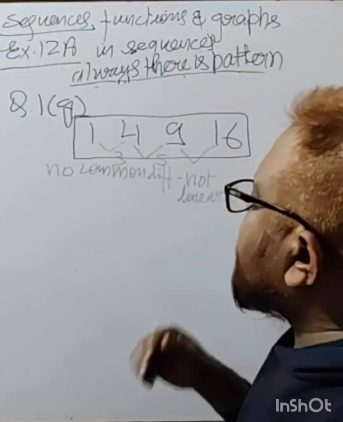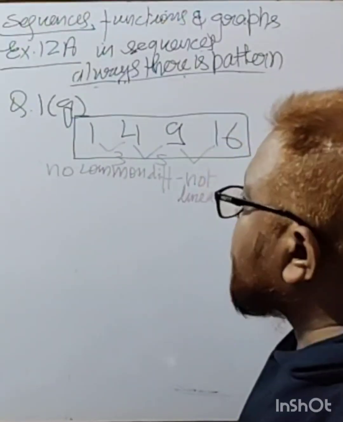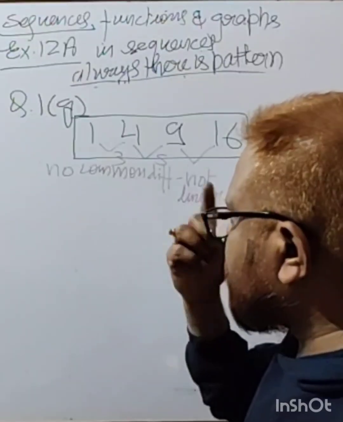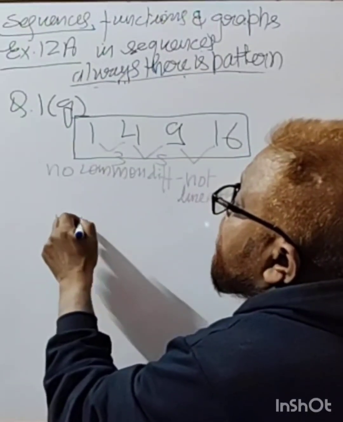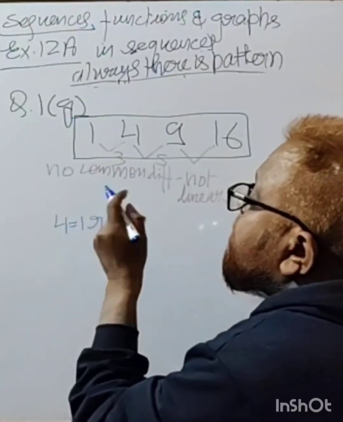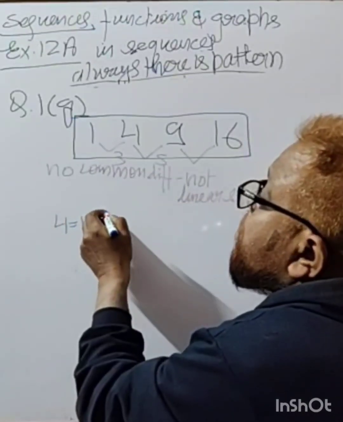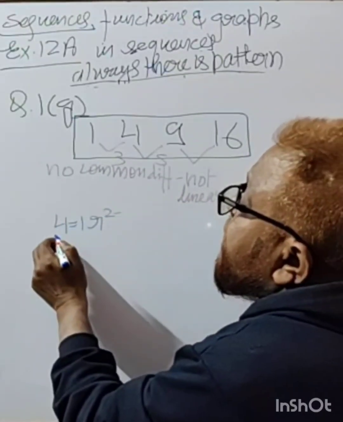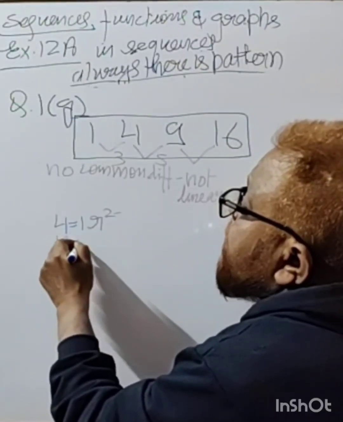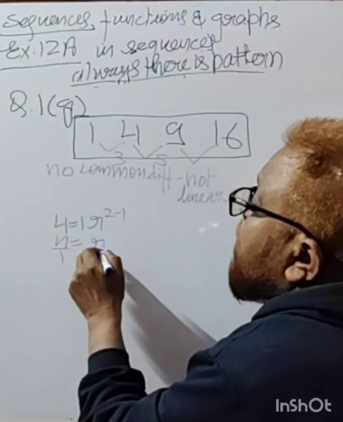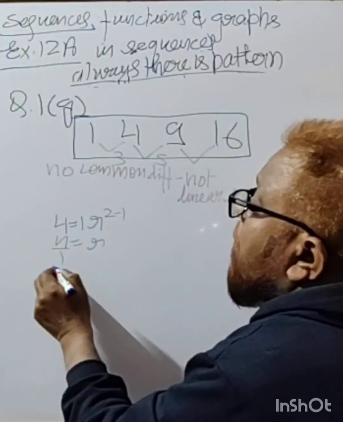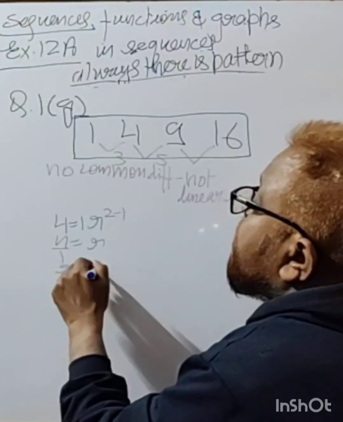Okay. So if I take 4 is equal to 1 into r raised to the power 2 minus 1. So it is 4 upon 1 is equal to r. So r is equal to 4.